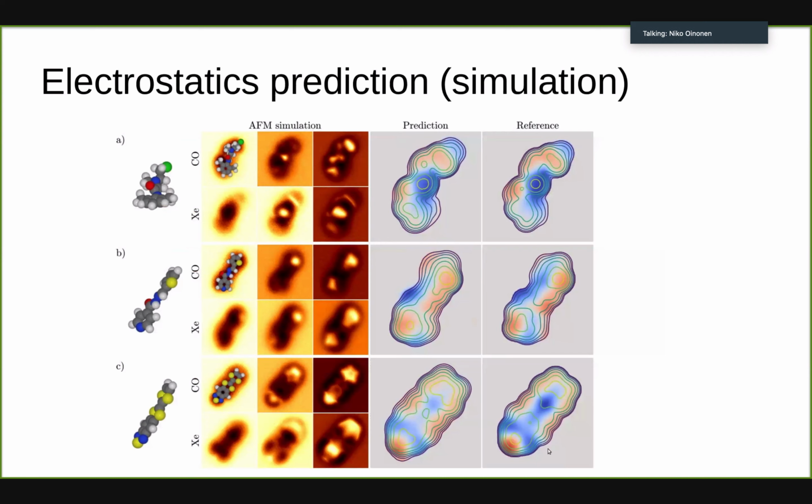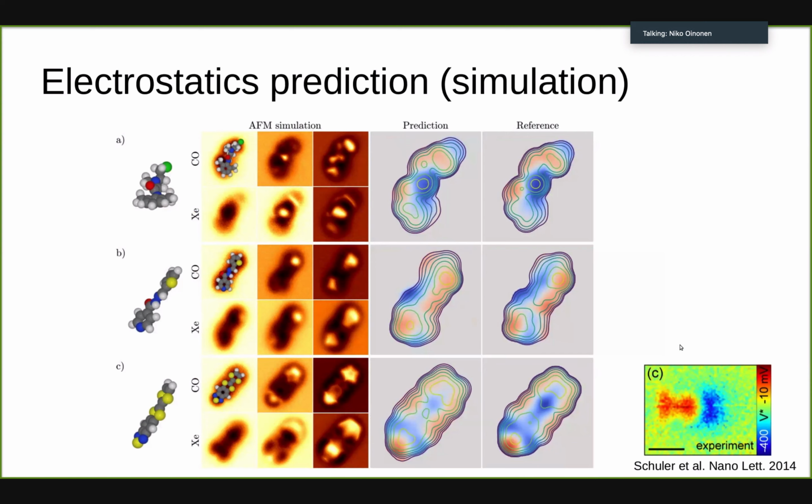For the last case, we can also compare to this paper where they did a Kelvin probe force microscopy experiment of the same molecule. Kelvin probe force microscopy is another way that you can measure the electrostatic properties of the sample, and we find a very similar looking pattern in their experiment compared to our simulation.